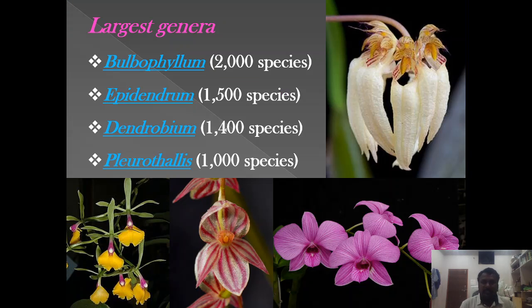The largest genera in the family Orchidaceae are Bulbophyllum with 200 species, Epidendrum with 1500 species, Dendrobium 1400, and Pleurothallis 1000 species.